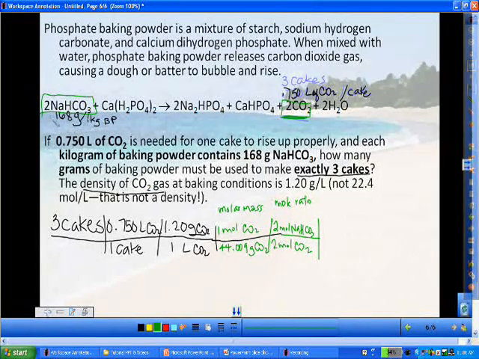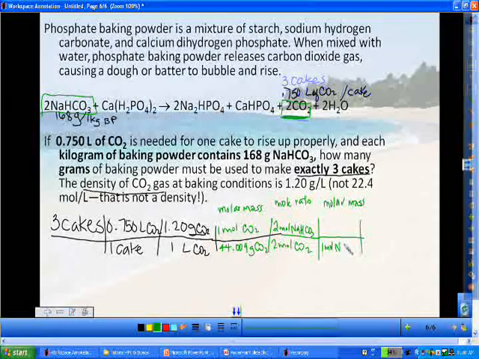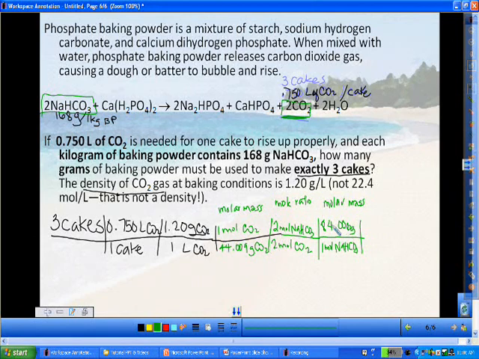Now that we are successfully in moles of sodium hydrogen carbonate, we're going to use its molar mass to get to grams. So its molar mass, I have calculated that out as well. 1 mole of the sodium hydrogen carbonate is equal to 84.006 grams of the sodium hydrogen carbonate.